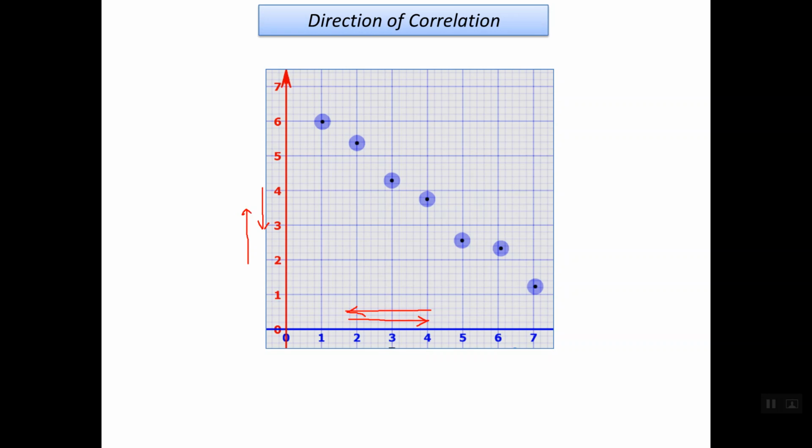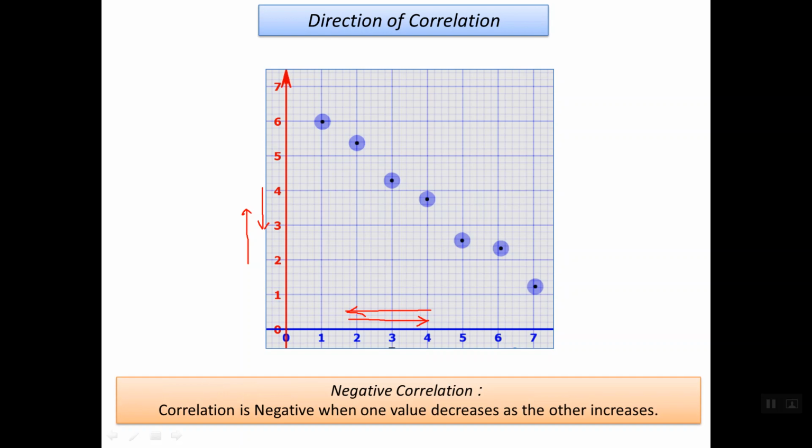So in this case, we conclude that we have a negative correlation. Negative correlation occurs when one value decreases, the other value increases, or vice versa.